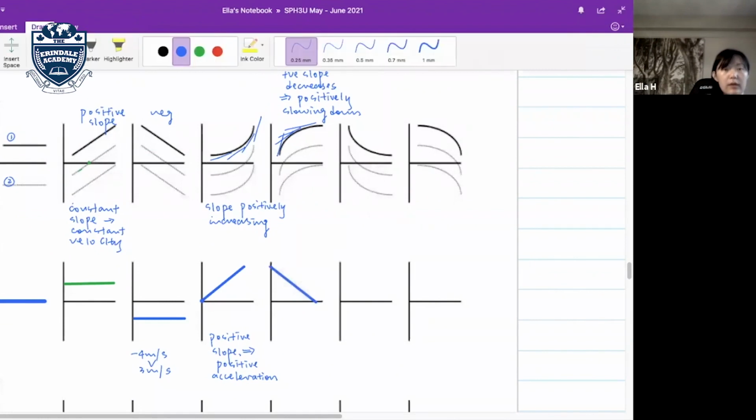A very common misunderstanding is when you have a VT like this, even though we are decreasing, we are still walking towards positive direction. Because your velocity is still positive, it's just you walking slower.